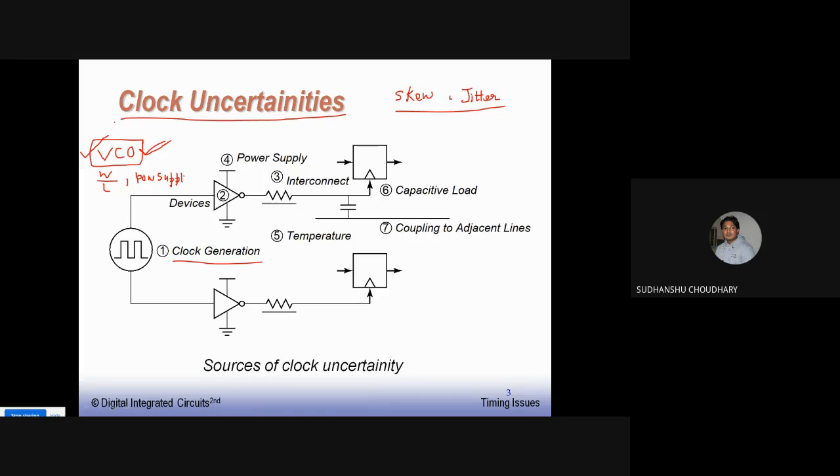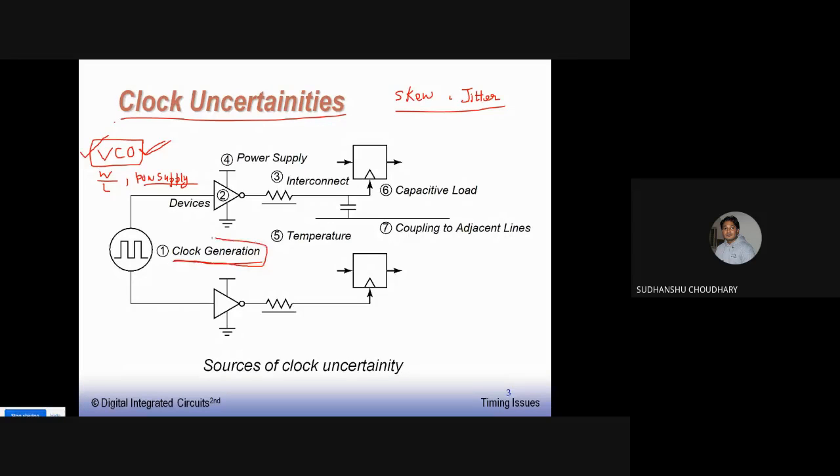If there are variations in the power supply, or process variations, the devices used to implement this VCO may differ in size. Because of the process variation, the performance will be different, and power supply variations can also disturb the operation of this VCO. Then this can result in clock jitter.